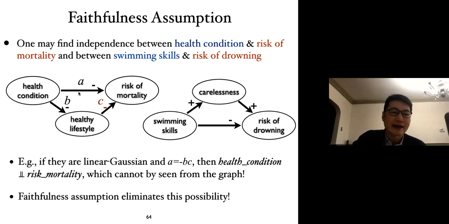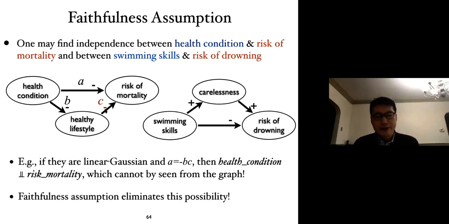They are independent because A equals minus BC. The causal effects got cancelled out. And similarly here, swimming skills could be independent from the risk of drowning, given there are two causal pathways that just got cancelled out. So in those cases, we have a violation of faithfulness.